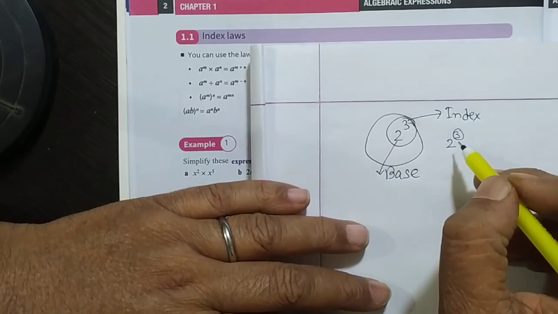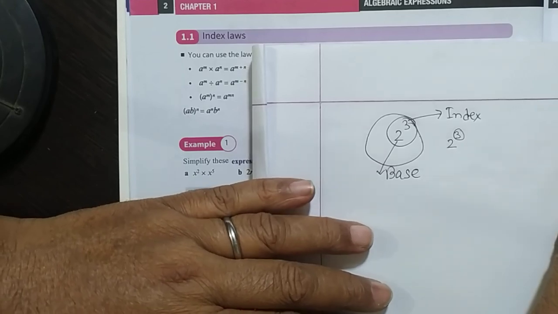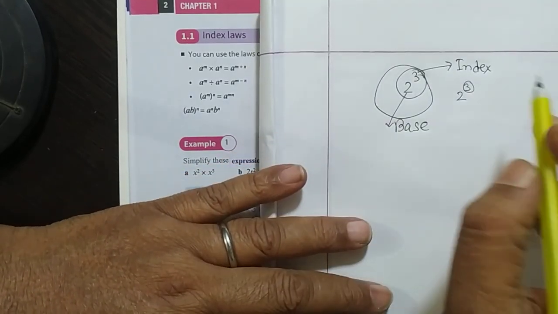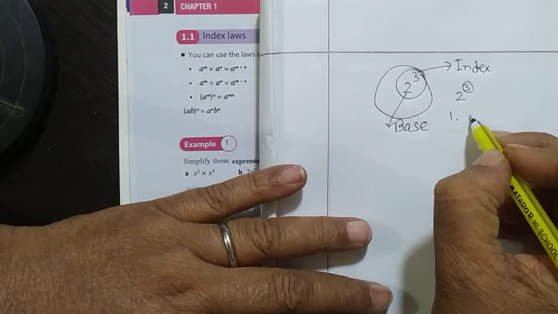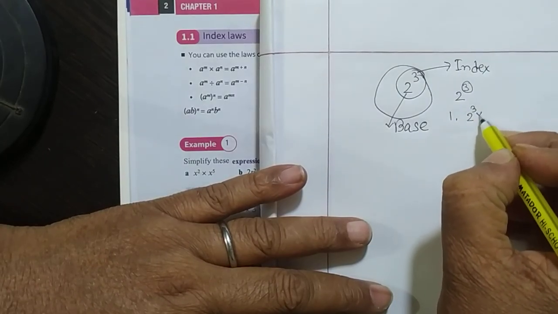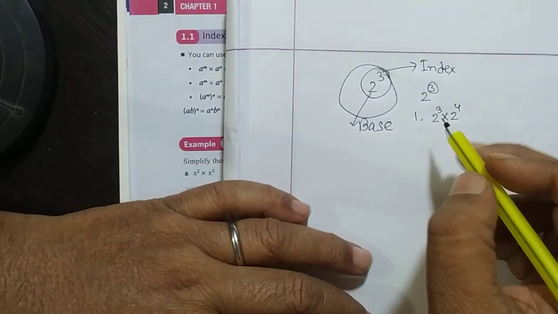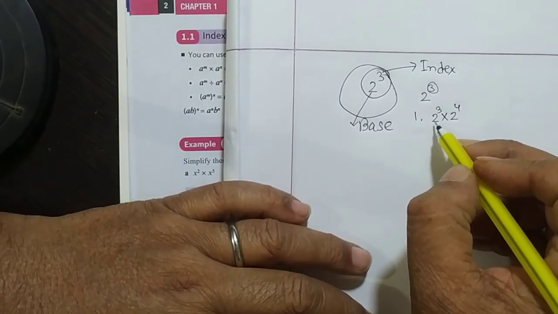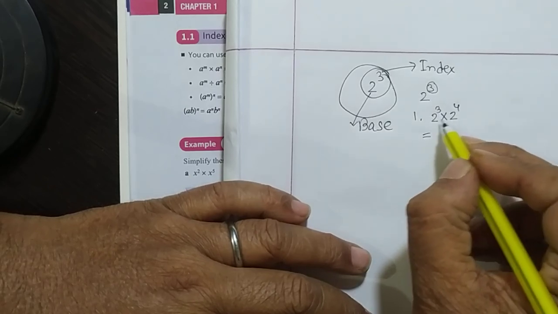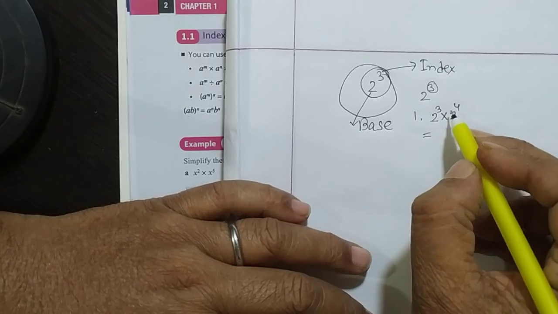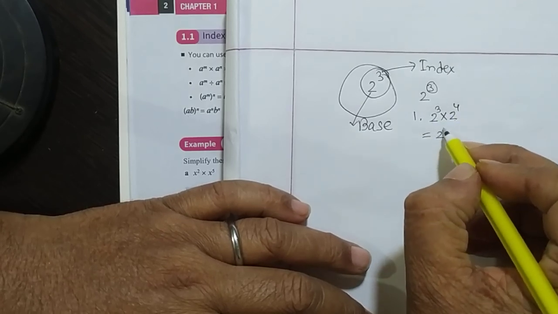So whatever the thing is, we need to know a few rules, and the first rule is, suppose 2 to the power of 3 multiplied by 2 to the power of 4. Here, if the bases are same, then the index can be added.